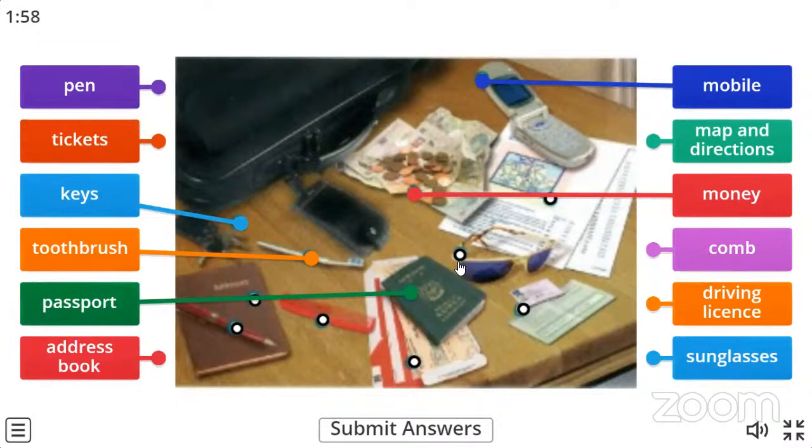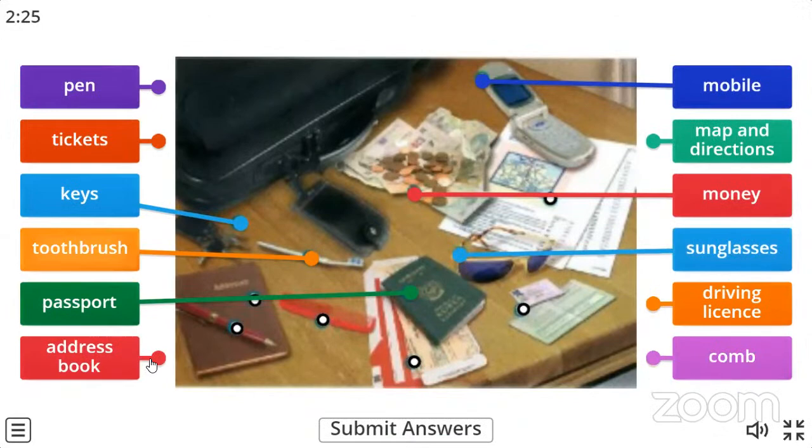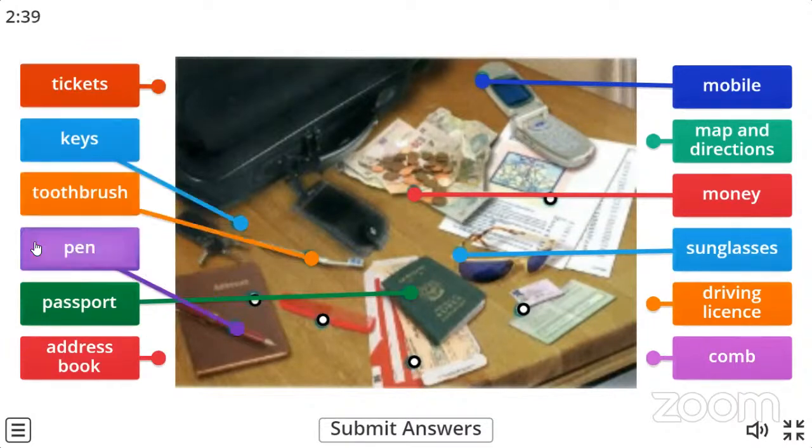Sunglasses. Okay, sunglasses. I'm sorry, let's continue, please. We said sunglasses. Okay. How about this one? What about this? Pen. Pen. Yes, it's pen. Very good. And how about this one, the red one?